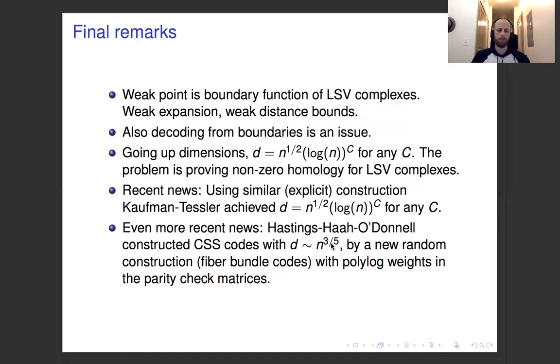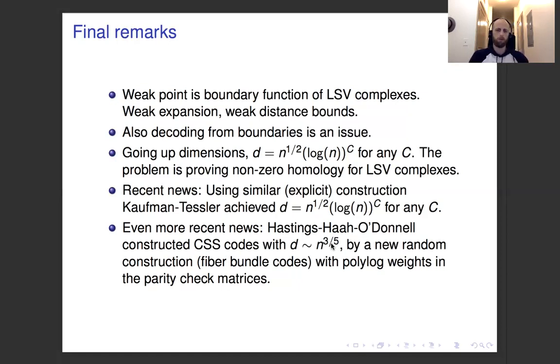And there is an even more recent result due to Hastings, Haah and O'Donnell, who constructed CSS codes whose distance goes like n to the 3/5, breaking through the square root n barrier well beyond a polylog factor.